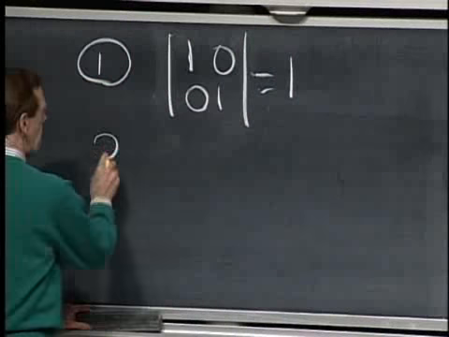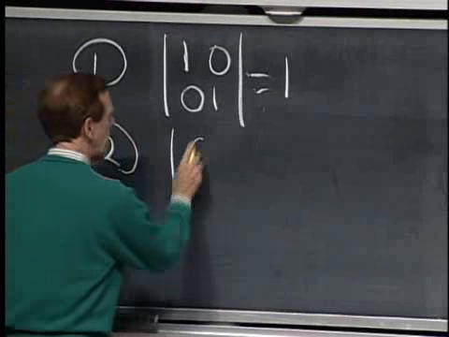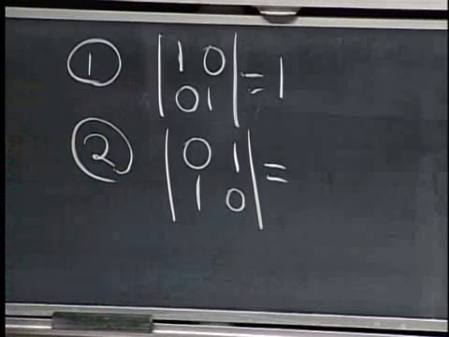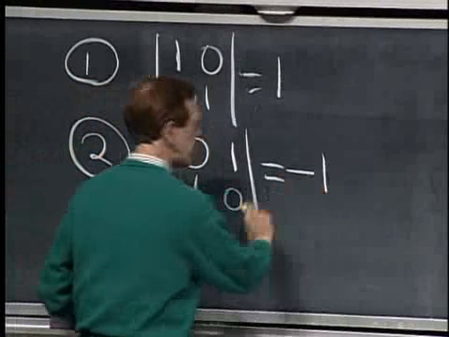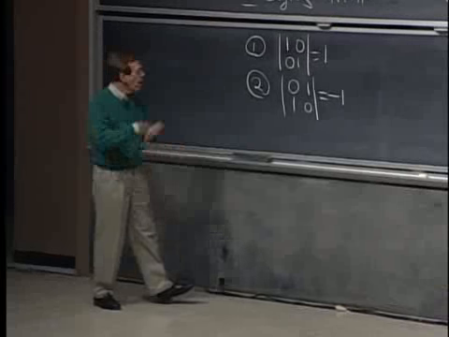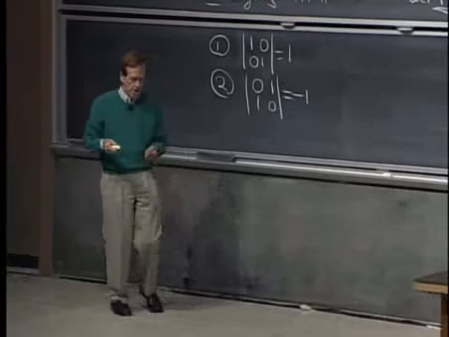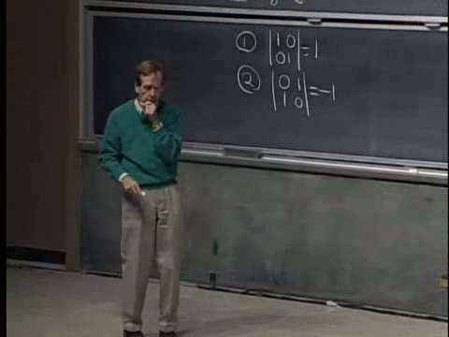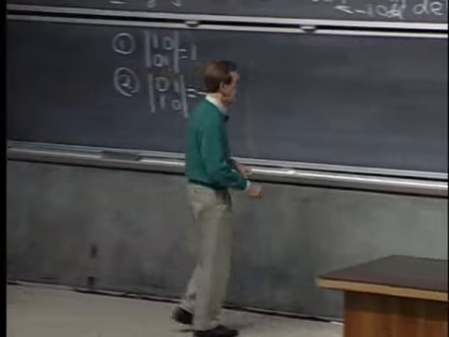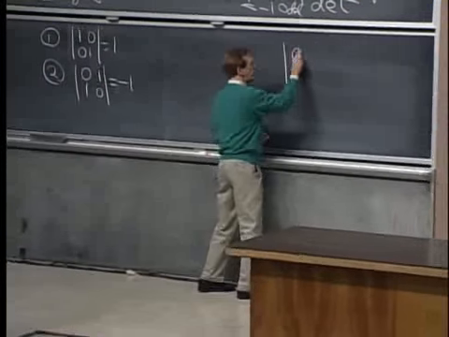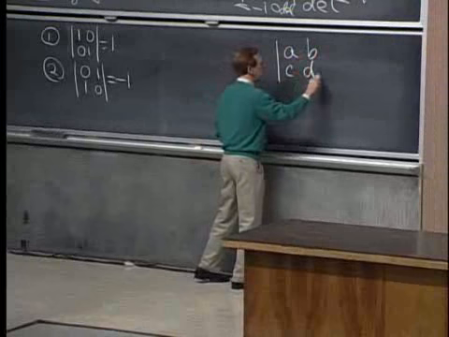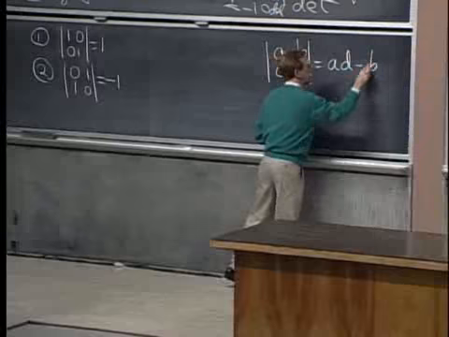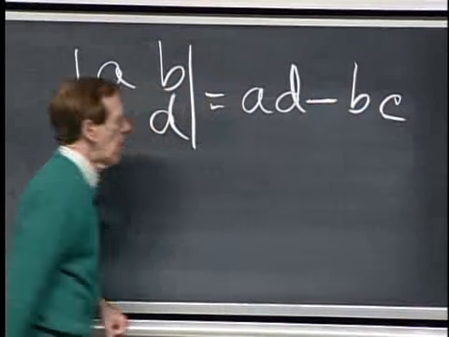Property 2 tells me that this exchanged matrix has determinant minus 1. And now ultimately I want to get to the formula that we all know. Let me put that way over here, that the determinant of a general 2x2 is AD minus BC.